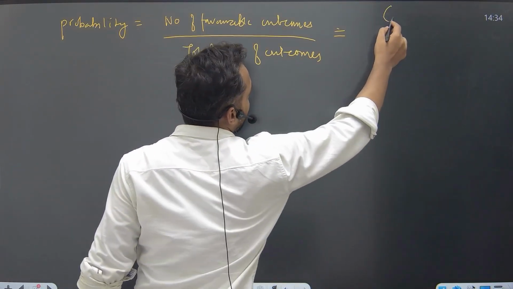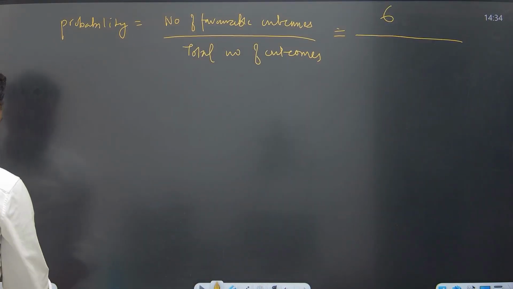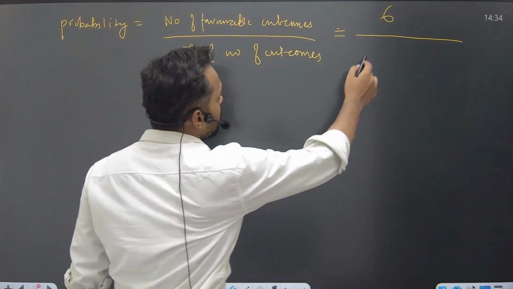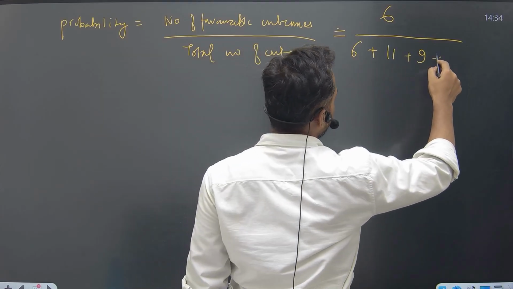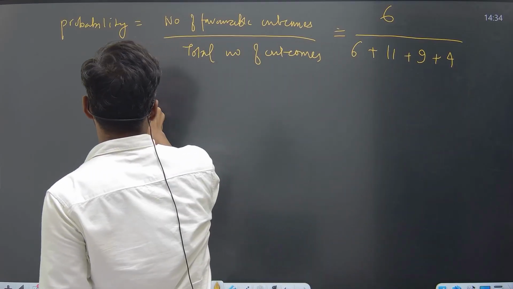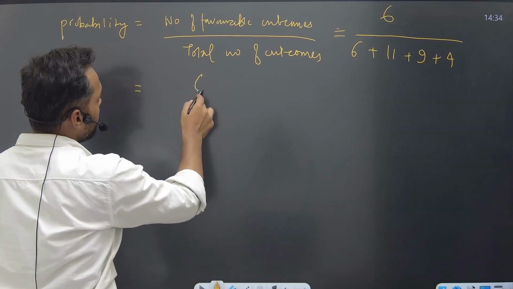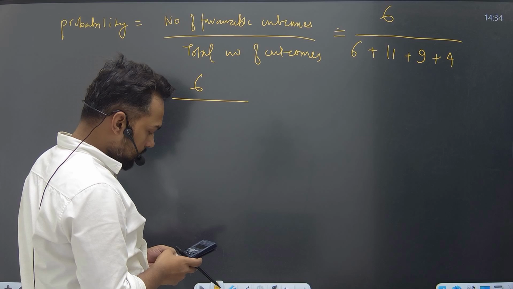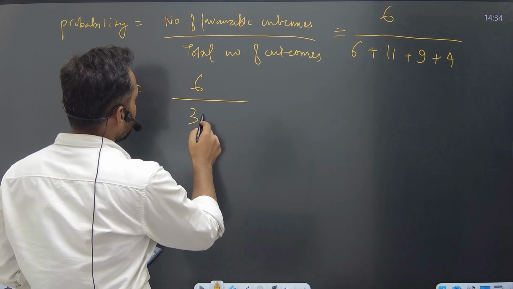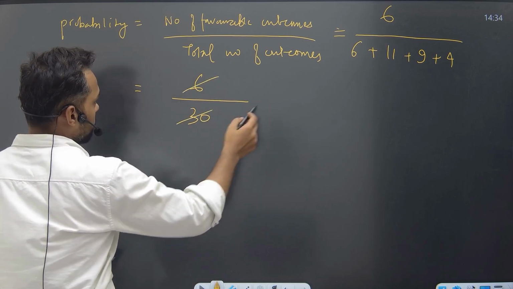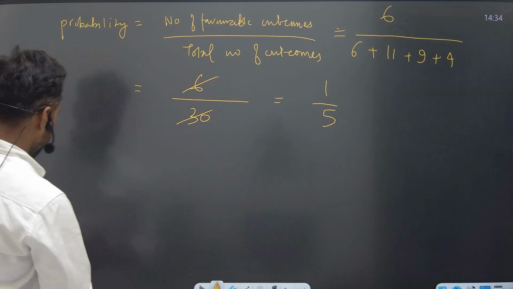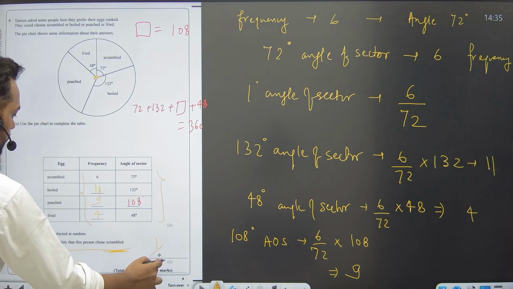So 6 upon total number of outcomes. For the total number of outcomes, we need to add these frequencies: 6 plus 11 plus 9 plus 4, which gives 30. So the probability is 6 by 30, and dividing again, we get 1 by 5. So we have got the probability as 1 by 5.